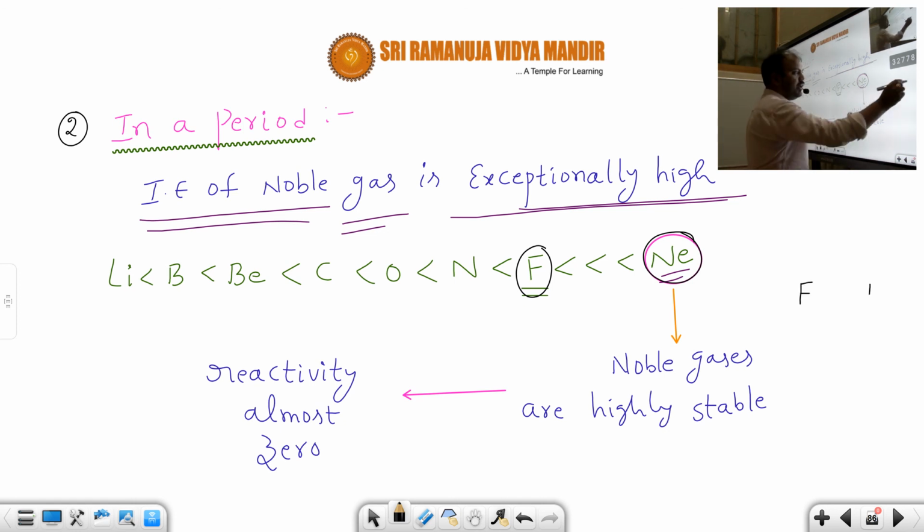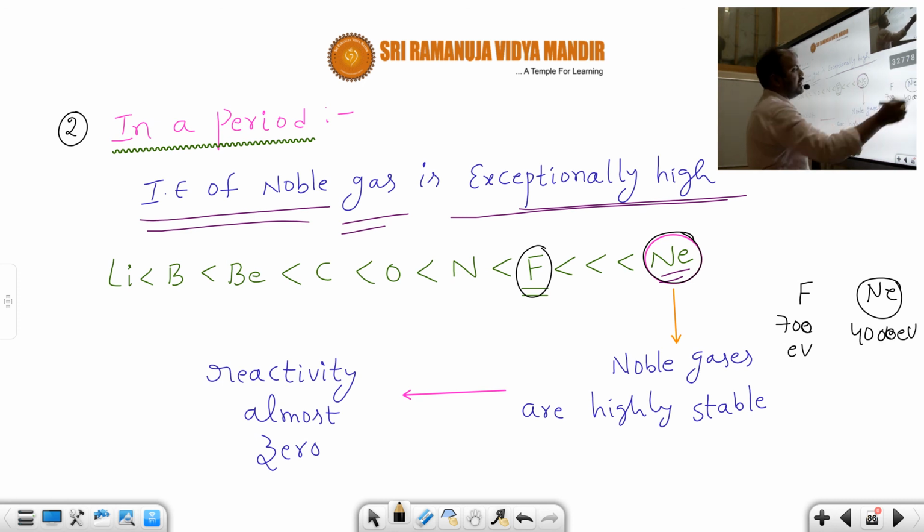For suppose fluorine and neon: non-metals have more ionization potential. Let's take fluorine as 700 electron volts, but neon has nearly 4000 electron volts. That means ionization energy values are very, very high.